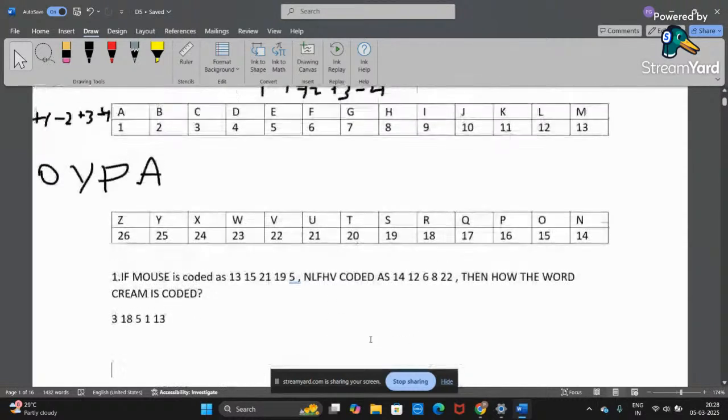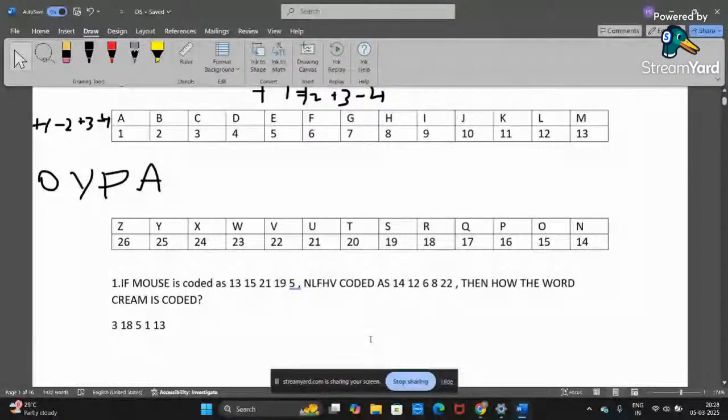If cabin equals 87, then what is desk equal to?